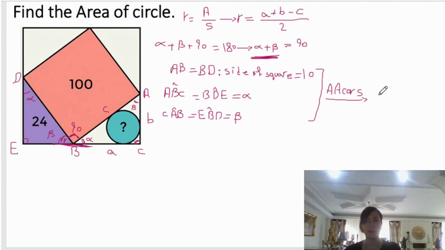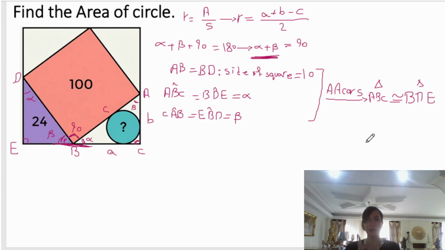These two triangles are congruent: triangle ABC and triangle BDE.